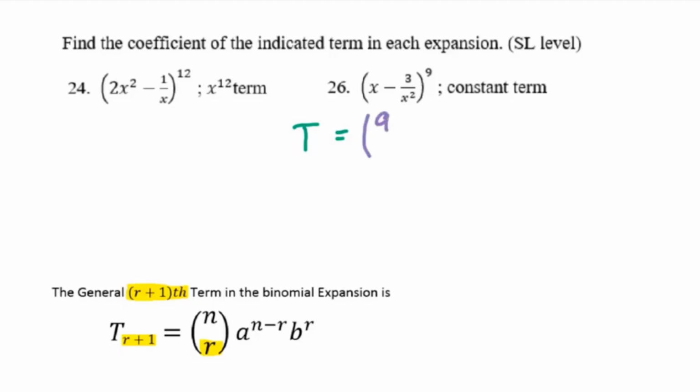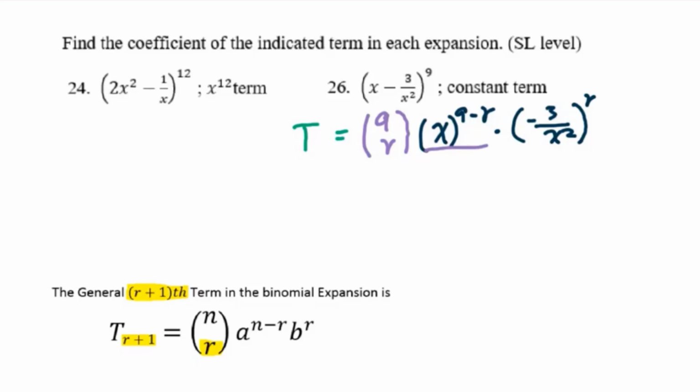So we got 9 choose r, then x to the 9 minus r power times negative 3 x squared to the r's power. Then we figure out the variable x.